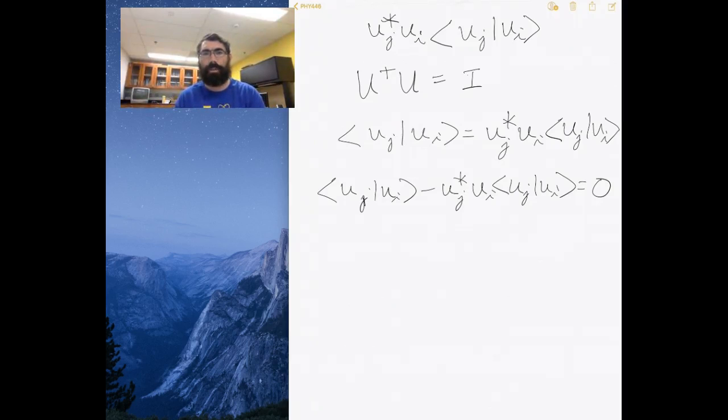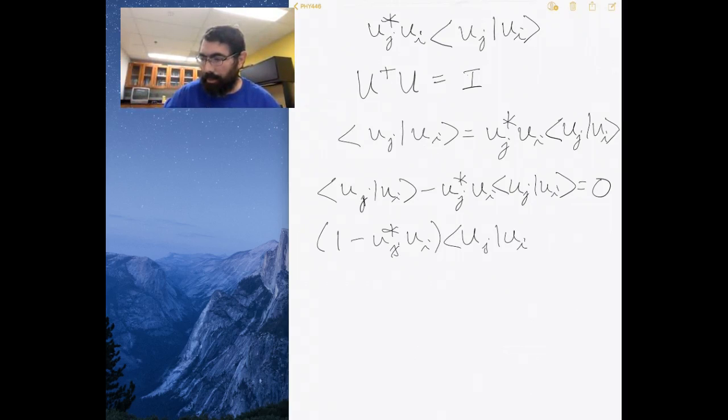If I now factor out that inner product, I get 1 minus u sub j star u sub i, times the inner product, is equal to 0. And now this can only be true if either the parentheses is equal to 0 or the inner product is equal to 0.